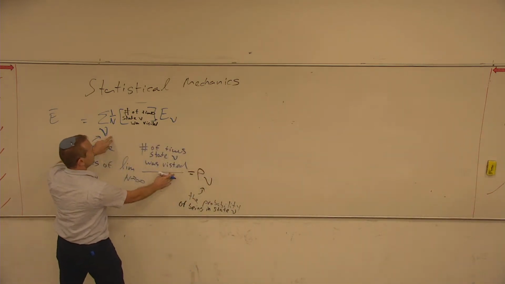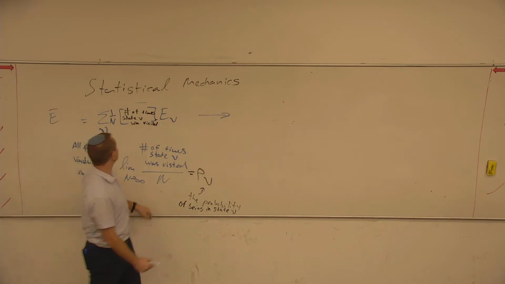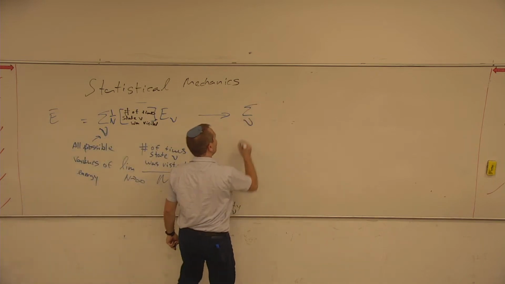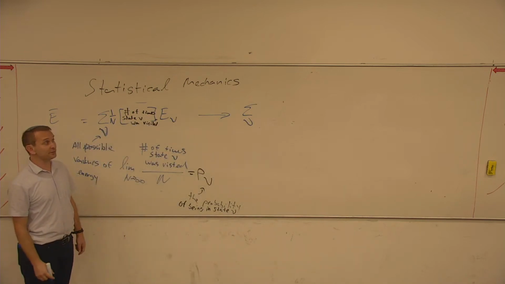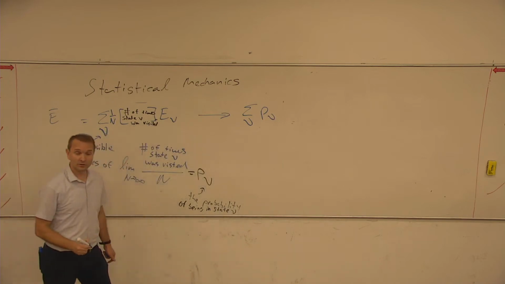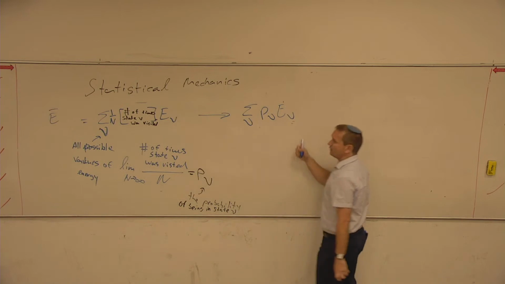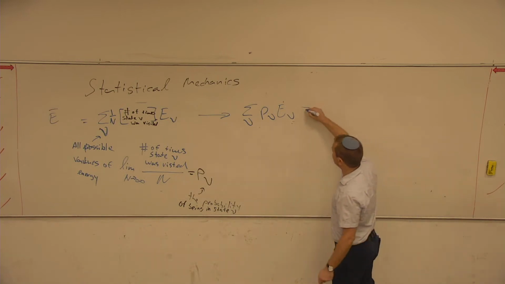So what do we have over here? Under this assumption, this goes to the sum over all the different states of P nu times E nu, the probability to be in state nu times E nu. What is this?